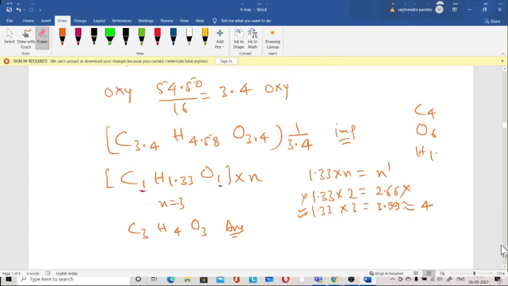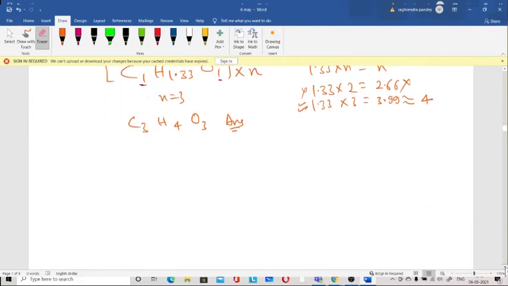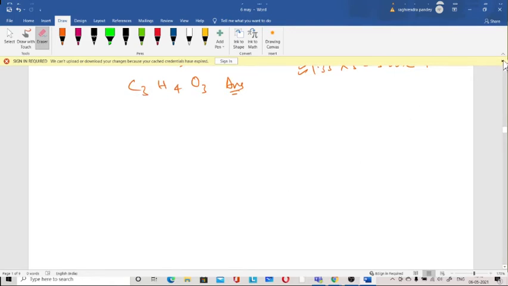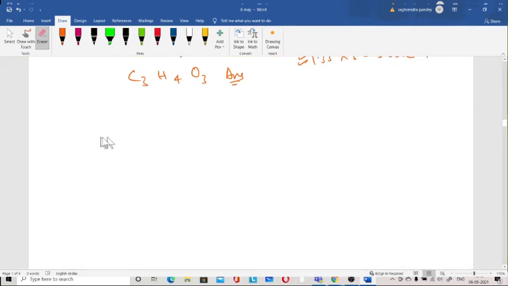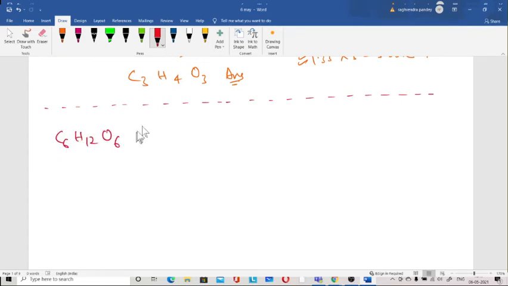No, sir. Okay, then another type of question they give in empirical formula is a reaction, and then they ask for the empirical formula. Suppose we take the example of combustion of glucose: C6H12O6 plus 6O2 gives 6CO2 and 6H2O.